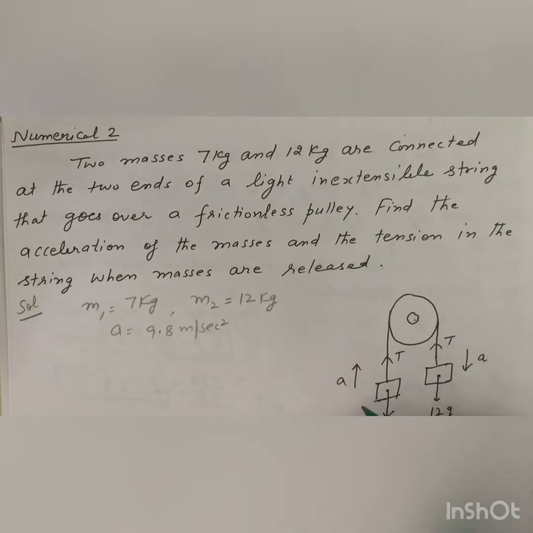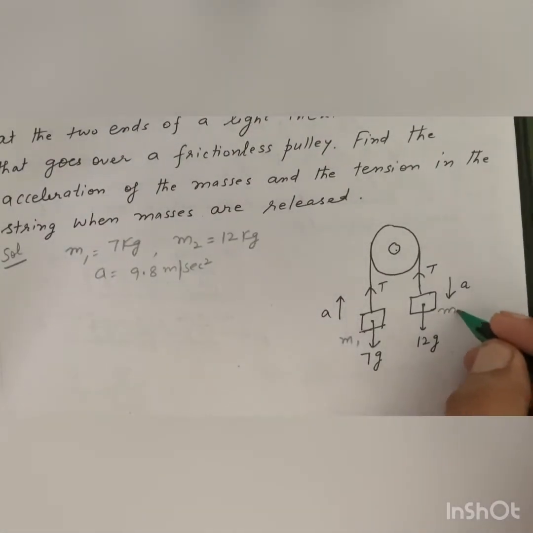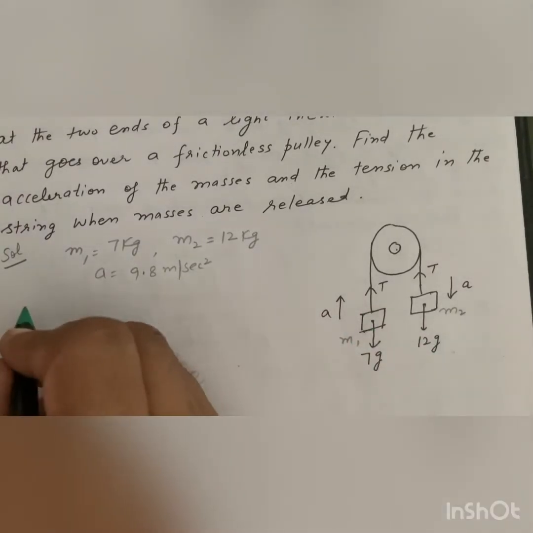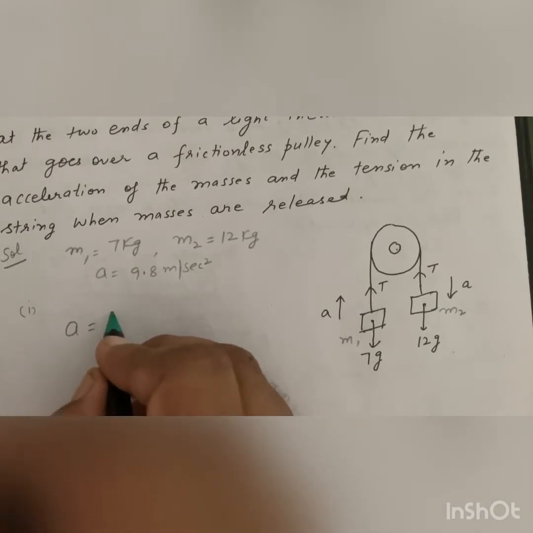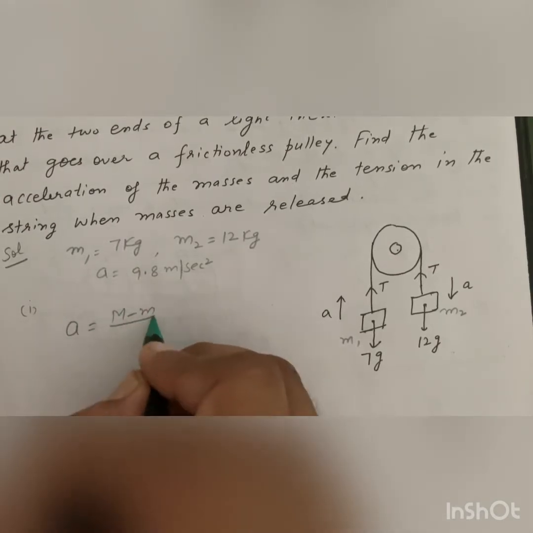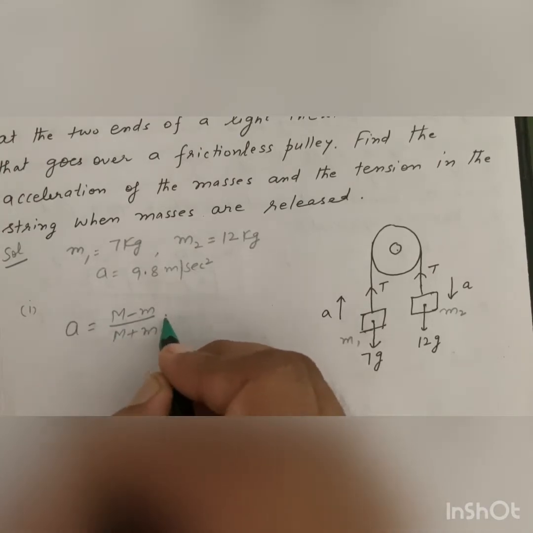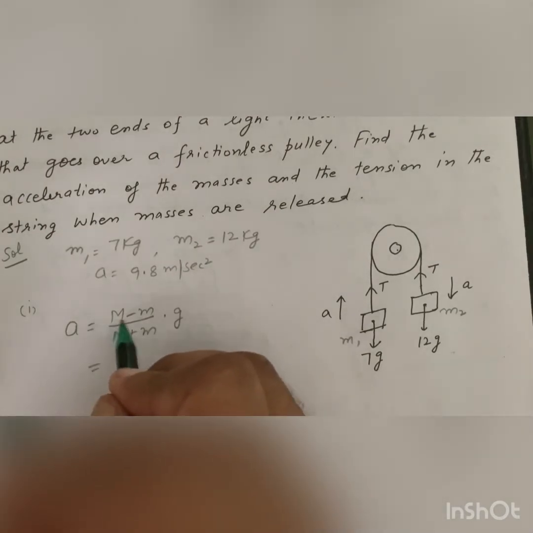Here this is M1 and this is M2. Now we know that acceleration is given by (m2 minus m1) over (m2 plus m1) into g. We put the values of these quantities.